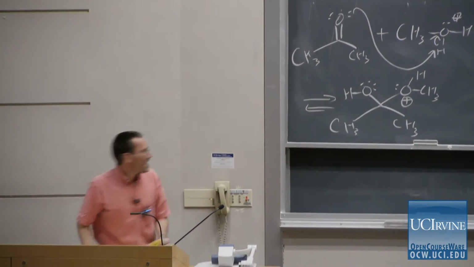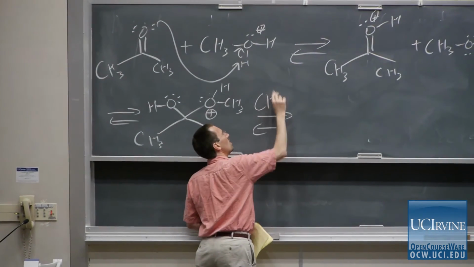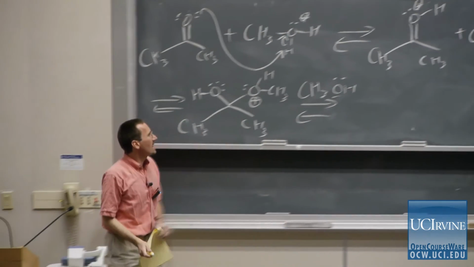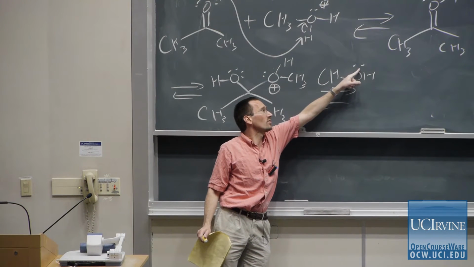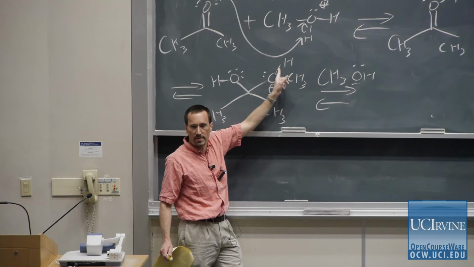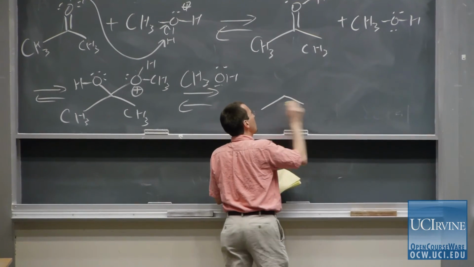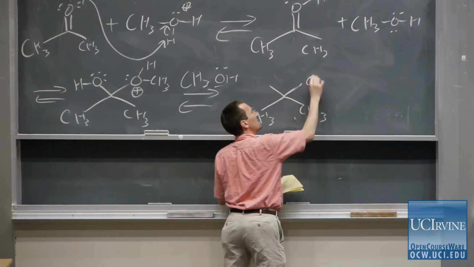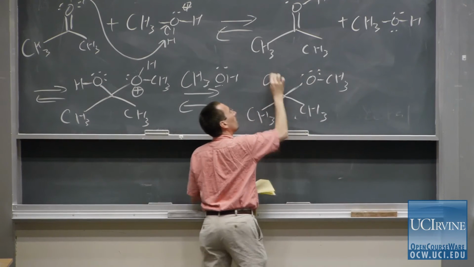And then in our next step, a molecule of methanol comes along and pulls off the proton. And again, I'm going to skip the curved arrows. You can imagine electrons flowing from the lone pair to the hydrogen, electrons flowing back on to the oxygen. And so at that point, we have catalyzed the formation of the hemiacetal intermediate.